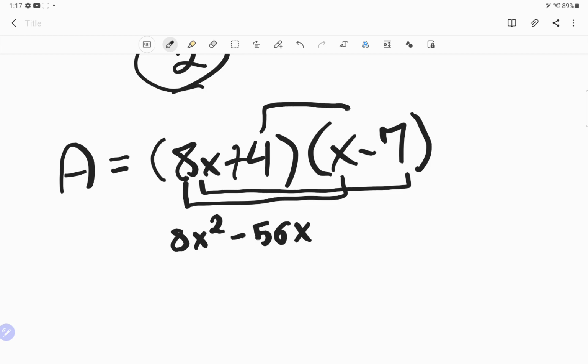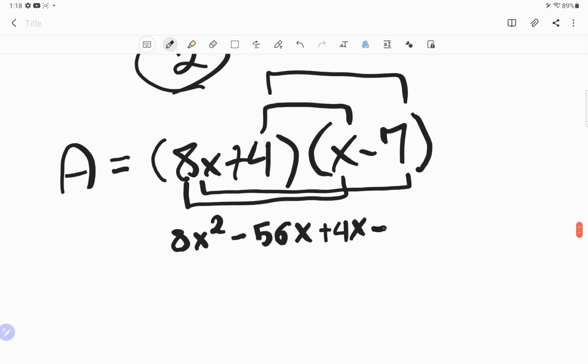Then I'm going to multiply 4 times x, which is going to be plus 4x. And finally, I'm going to multiply positive 4 times negative 7, negative 28. Going to combine my like terms, those two. So I'm going to get 8x squared minus 52x.